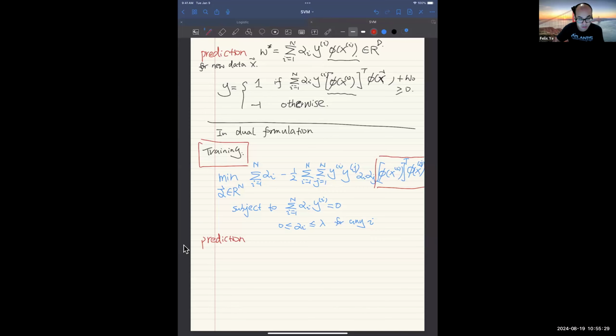I think I missed the W0 right here. W0 star is y_k minus the summation from 1 to n of alpha i star phi of x_i transpose phi of x_k, for any support vector k. Okay, everything right here is the same.